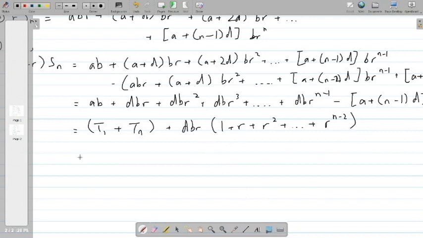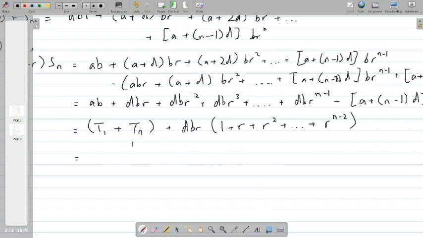progression here. So if I am correct, let me just double check my notes to make sure I'm not screwing this up here. All right, yep, I'm not screwing this up yet.